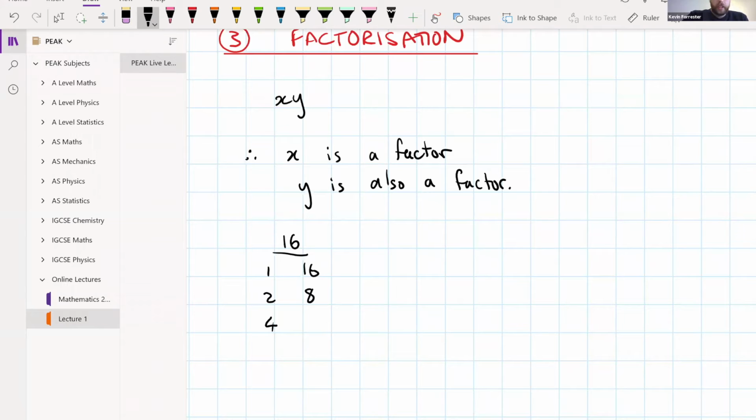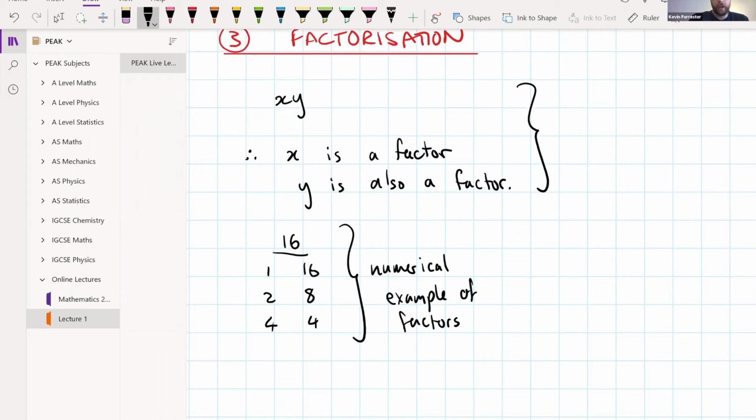And 4 times 4 gives us 16, and so 4 itself is also a factor. So this is just a numerical example of factors. This one above was an algebraic example.